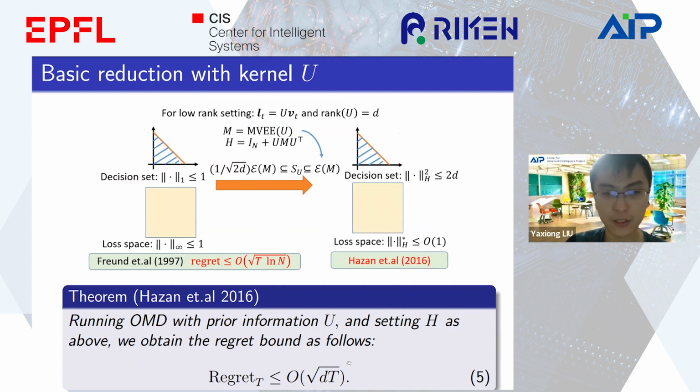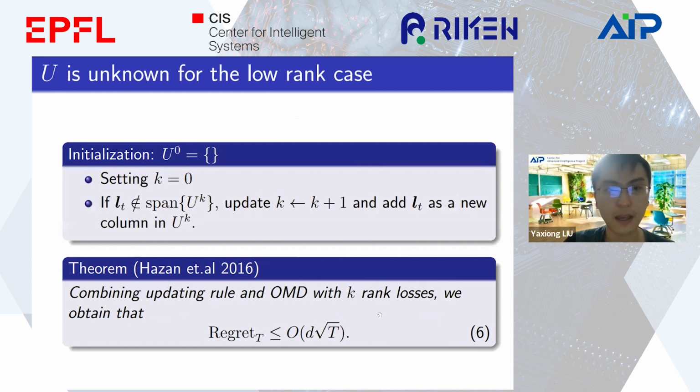So this theorem shows that if the kernel is known, according to online mirror descent, the regret is given as square root of d times T. So we can say that in this case, the regret bound is highly related to the rank of the loss sequence. If the kernel is unknown, the result is also not difficult.